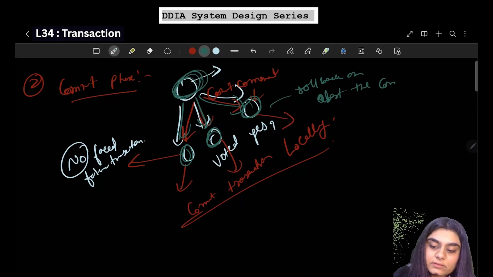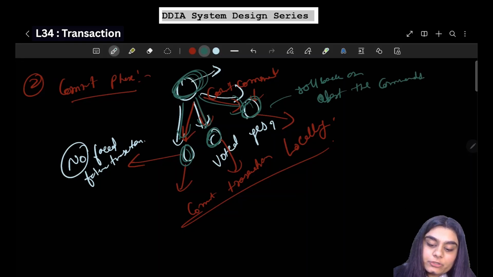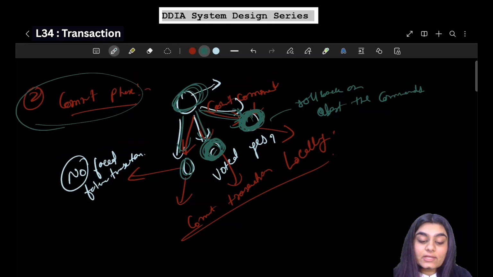And suppose some nodes have already made some changes, the coordinator node will tell them to undo all the changes which they have executed. So the conclusion is the 2PC protocol ensures atomicity across all the nodes. Either every node commits the transaction or every node aborts the transaction.